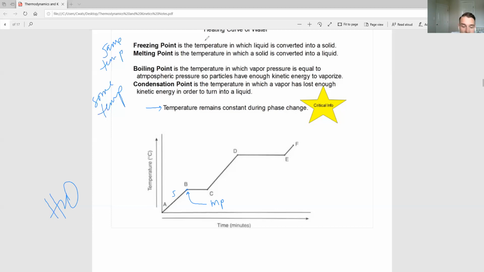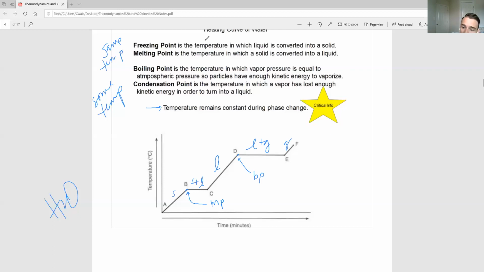So the line stays flat and you have both a solid and a liquid until point C, when you have nothing but a liquid. Then the temperature can increase until you get to point D, the boiling point. From D to E, you have a liquid and a gas until it's all gas, and then the temperature can increase.